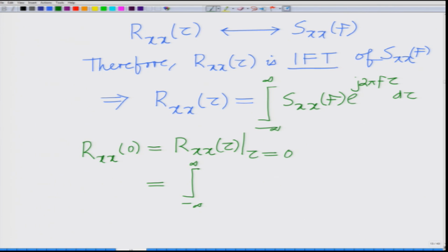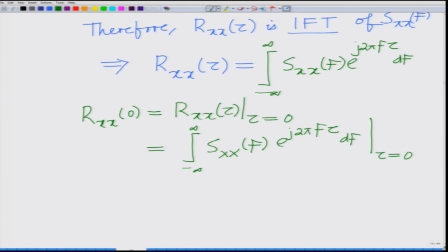Rxx of 0 is this inverse Fourier transform, the integral of Sxx of f e to the power of j 2 pi f tau, I am sorry, this has to be df, evaluated at tau equal to 0.